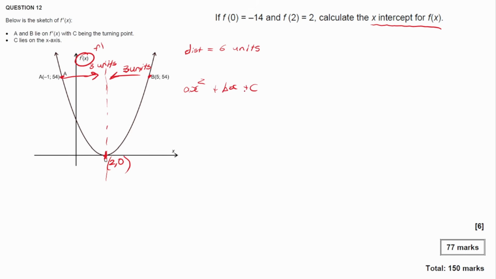So if we move backwards and say this was actually our derivative, we know that the function above, not f prime of x, f of x, had to be some cubic function, has to be x to the power of 3.